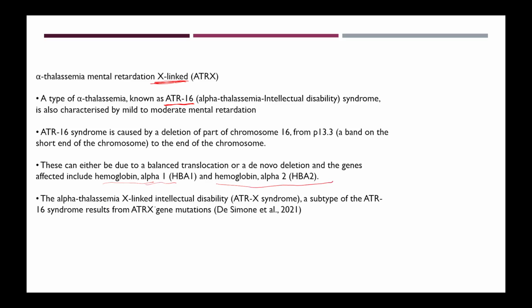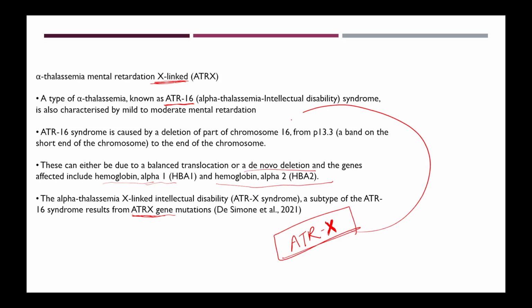So alpha thalassemia intellectual disability is a subtype of ATR16 syndrome resulting from ATRX gene mutation. That means the mutation is on the X chromosome, but there are certain translocations or de novo deletions that take place because of this, which also include the deletion on chromosome 16.